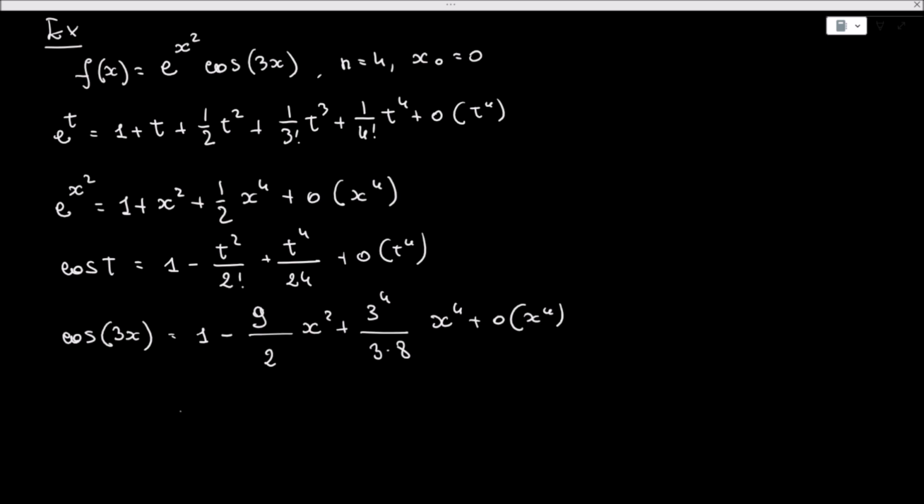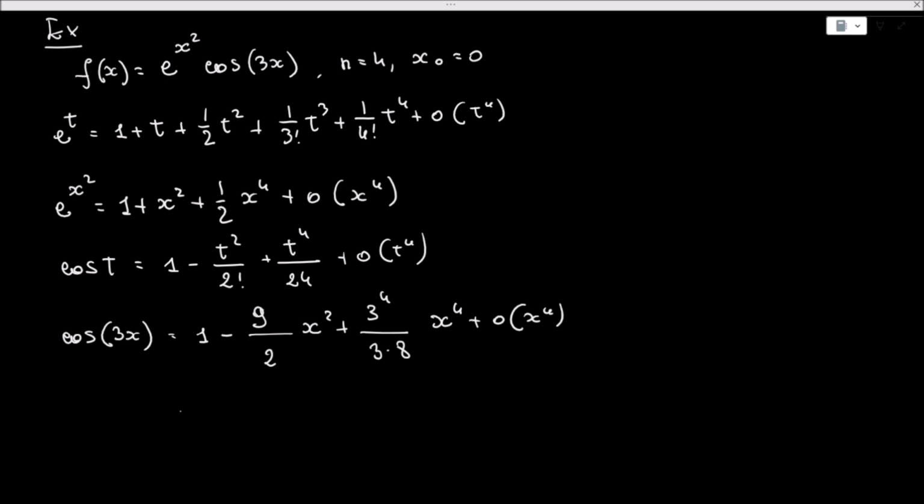So we can easily rewrite this as 1 minus 9/2 x squared, by just simplifying 1/3, we get 27 divided by 8 x to the 4 plus little o of x to the 4.